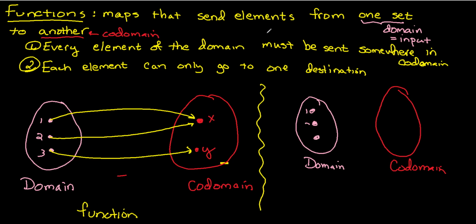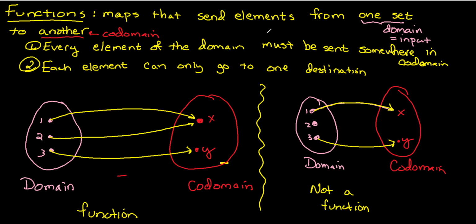And suppose that 1 maps over here to X, and suppose that 3 maps over here to Y. This is not a function. This is not a function because I left out number 2.